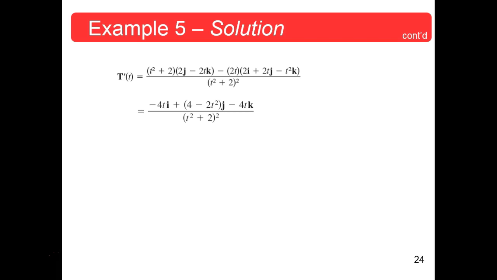No, 2t cubed k. So that one and this one will cancel out, and that leaves just that one, which is minus 4t k. Yes, fine, okay, over that thing squared.